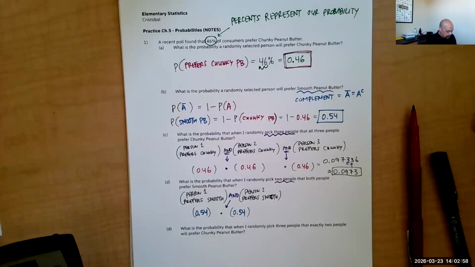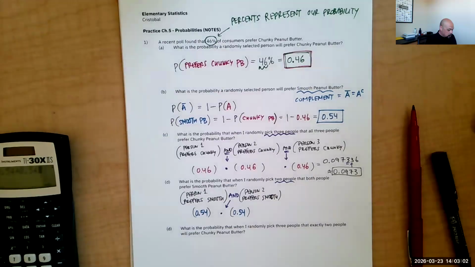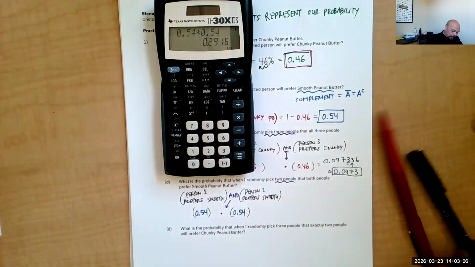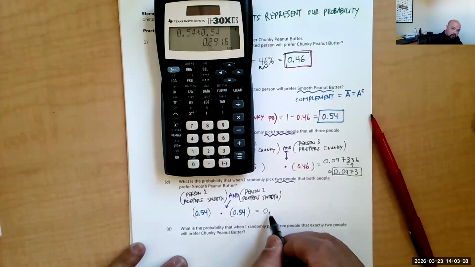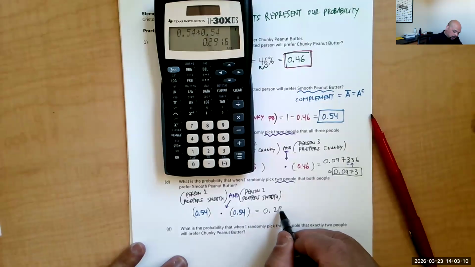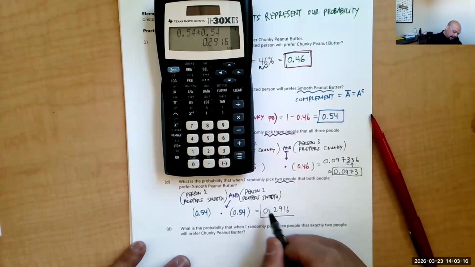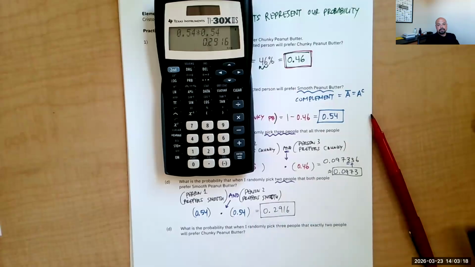And we do that multiplication, 0.54 times 0.54, right? That 0.54 squared. Doing that calculation, we're getting here 0.2916, which is already 4 decimal places. There's no need to round. We can keep that entire decimal result like so.